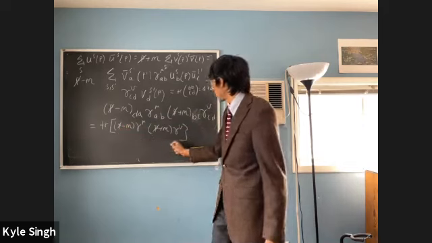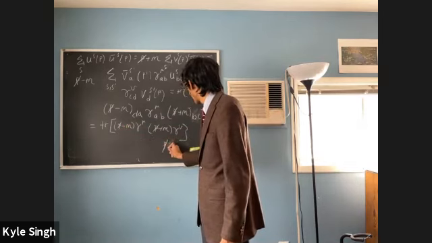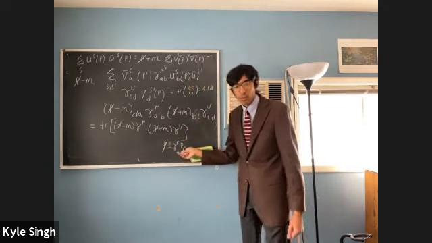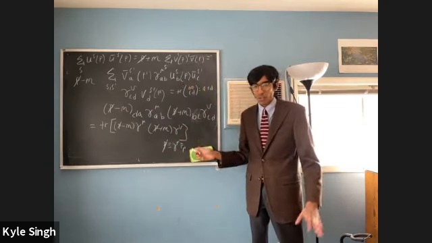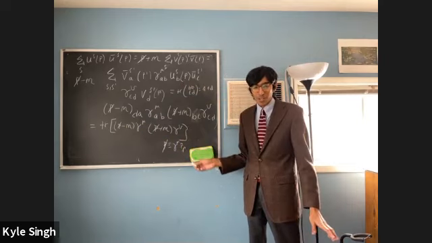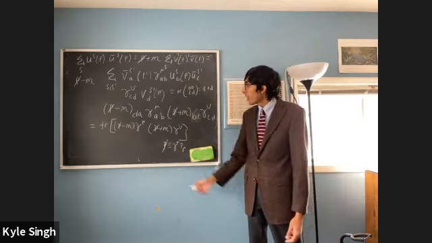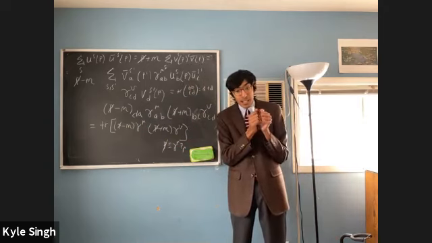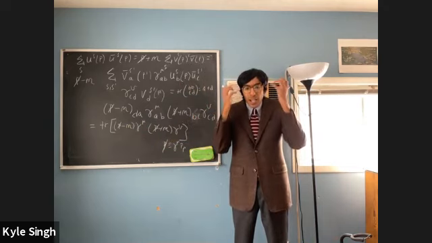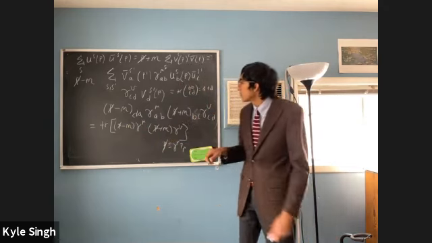I wrote P slash wrong. I'm sorry. P slash is gamma mu, P mu. Sorry, I wrote like D mu. I don't even know what I was doing. I was in some alternate universe. That's P slash. So now I have two gamma matrices. I just have to take the traces and I get the sum of the spins.